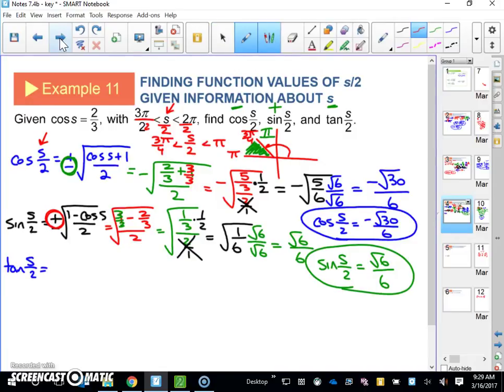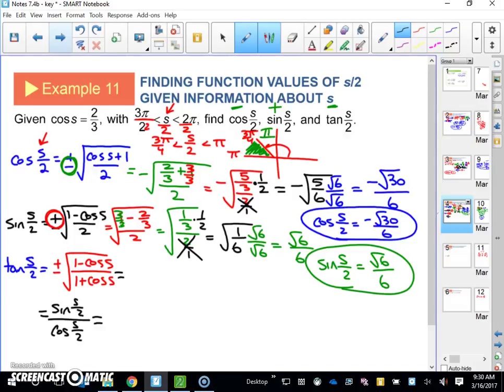So normally what I would do is look at plus or minus the square root of 1 minus cosine s over 1 plus cosine s, and just do the same process. And you can, if you want to, or if you know that tangent s over 2 is equal to sine s over 2 over cosine s over 2, you've really got two different options. Option 1 is to use that half angle identity, or option 2 is to use our normal tangent identity with sine and cosine.